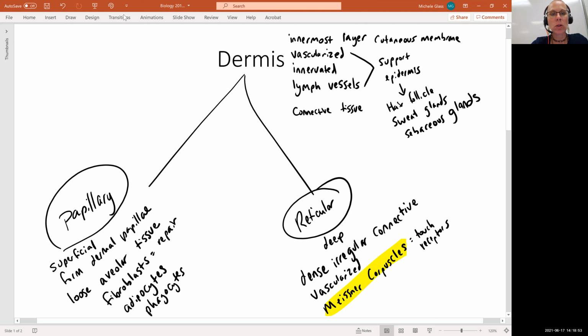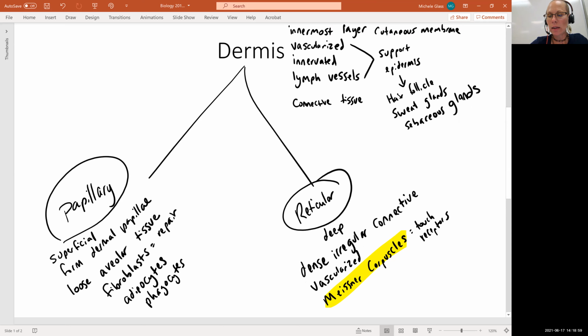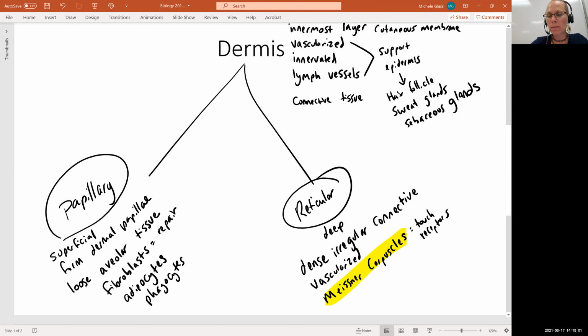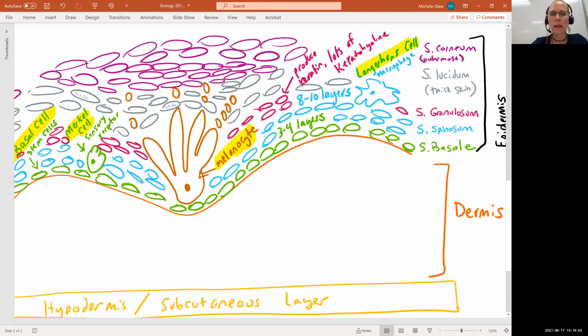So let's take a look at a drawing, and here I've just edited and fine-tuned a little bit the drawing that I did of the epidermis in the earlier presentation. Remember, the epidermis, depending on whether it's thin or thick skin, will have 4 to 5 layers.